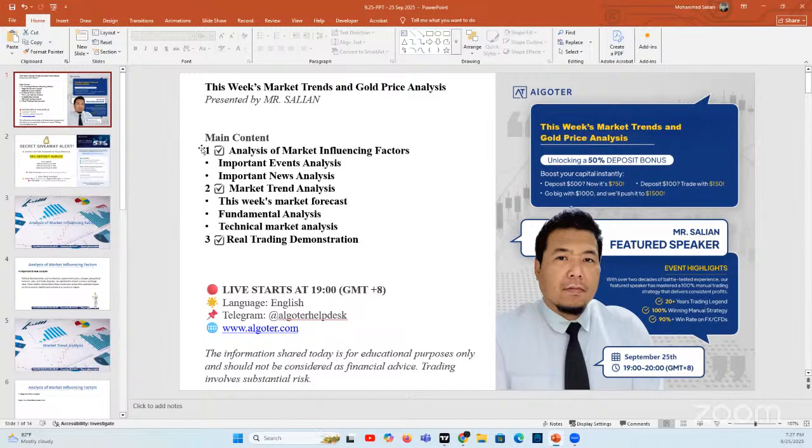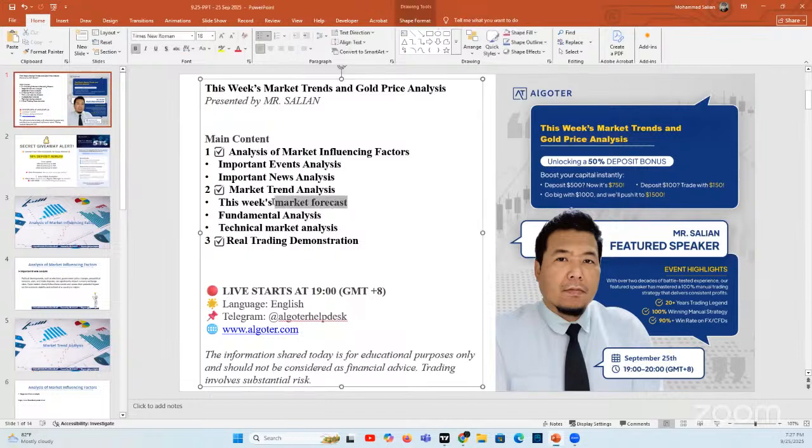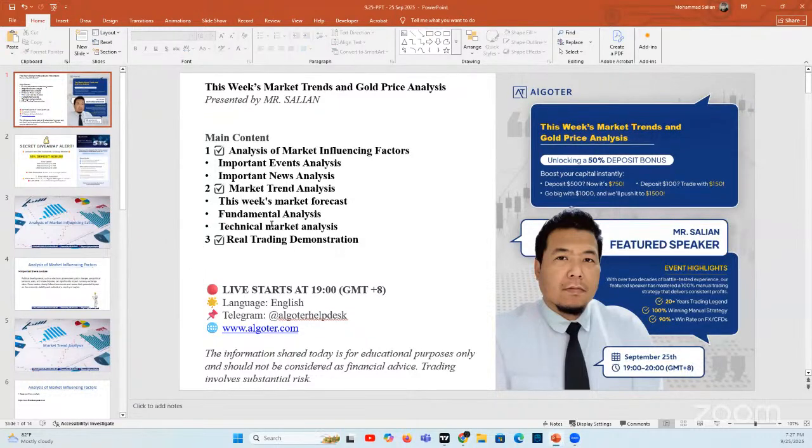So our main content is analysis of market influencing factors, important event analysis, and the market trend analysis or this week's market forecast, which is very important. Some people every Sunday check the news for what will happen in the coming week, and its fundamental analysis, technical market analysis, and the real trading demonstration in the end. Then, as we will see. So let's move on now.